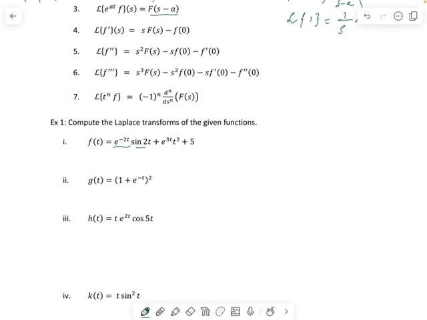So just recall what is the Laplace transform of sine bt. The Laplace transform of sine bt, if you recall, was b divided by s squared plus b squared. Now we have this function being multiplied by e to the minus 2t.